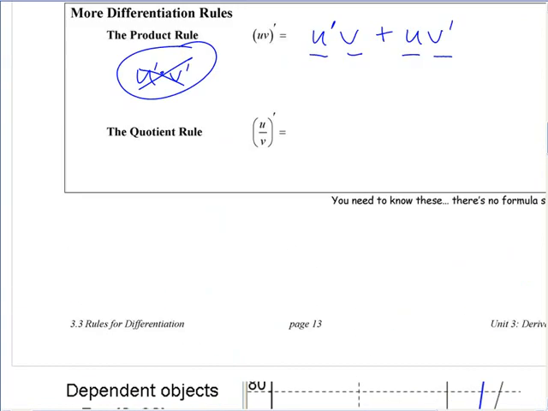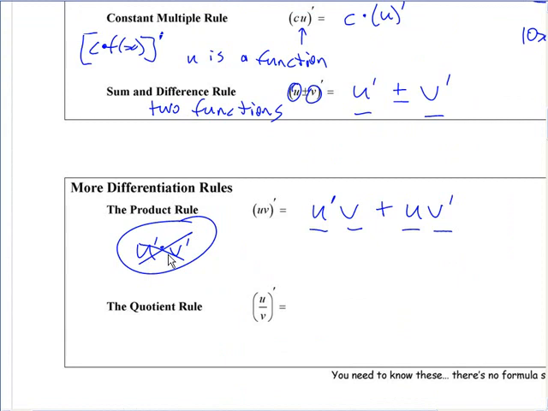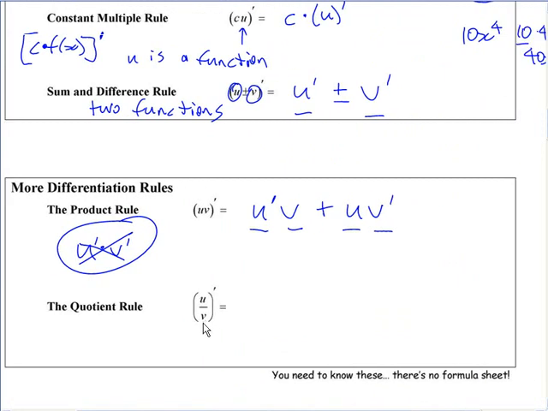You don't just multiply the two things. You don't just multiply the two derivatives. You take the derivative of one times the actual function, and you take the derivative of the other times the actual function. And similarly for if you have a quotient of two functions, so if this was like x squared plus 3x over 2x minus 5, you can come up with the derivative using this rule here.